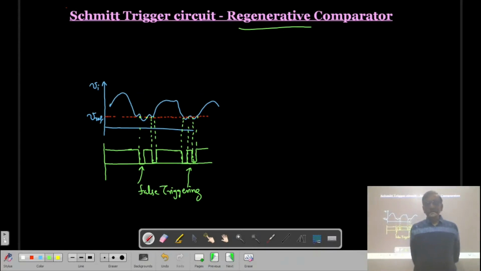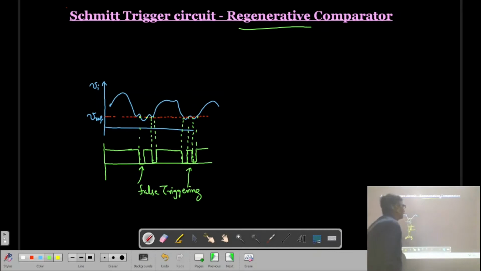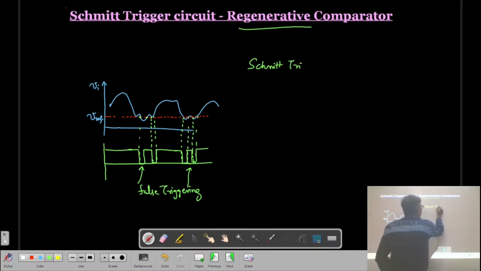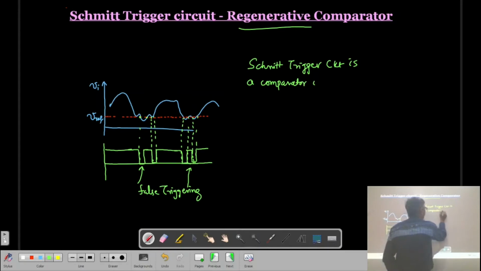In a regenerative comparator, we provide a positive feedback. So basically, remember, the Schmitt trigger circuit is a comparator with positive feedback.